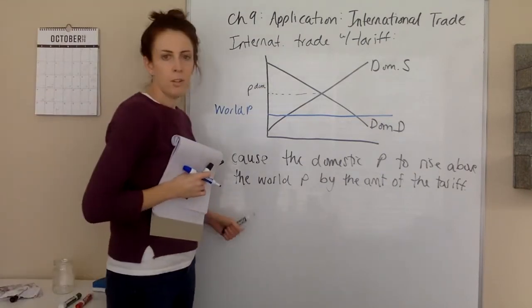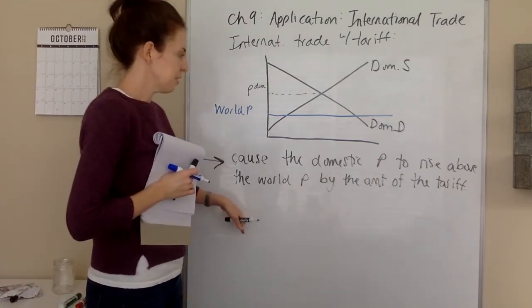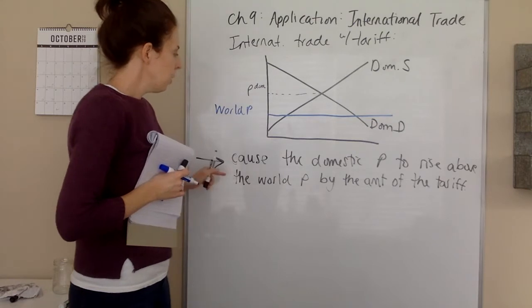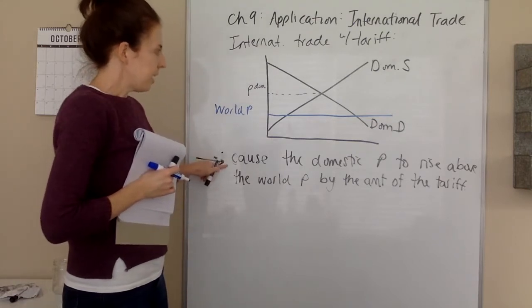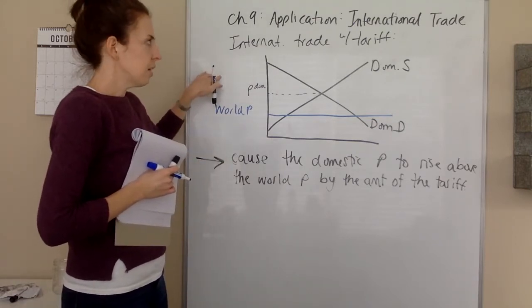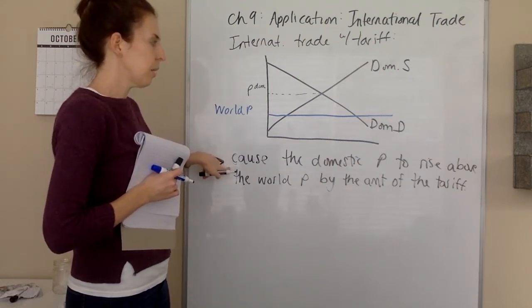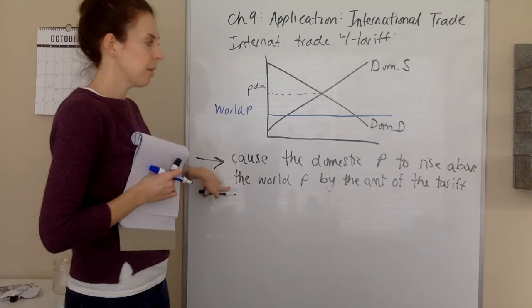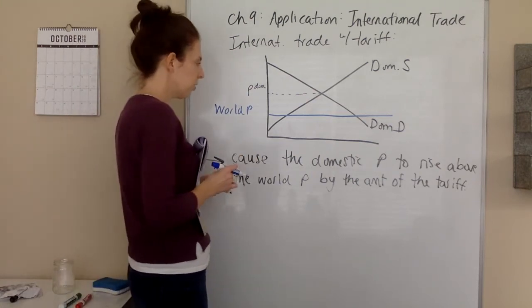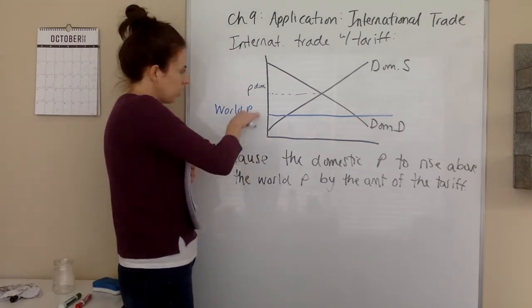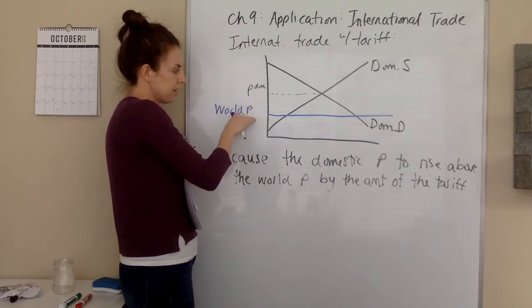Okay, this graph will be helpful to draw super neatly on your paper because there's going to be lots of moving components. What we said is that if this is what's going on and then the government slaps a tariff on imports, this is going to cause the domestic price to rise above the world price by the amount of the tariff. In other words, the home country decides to engage in trade.